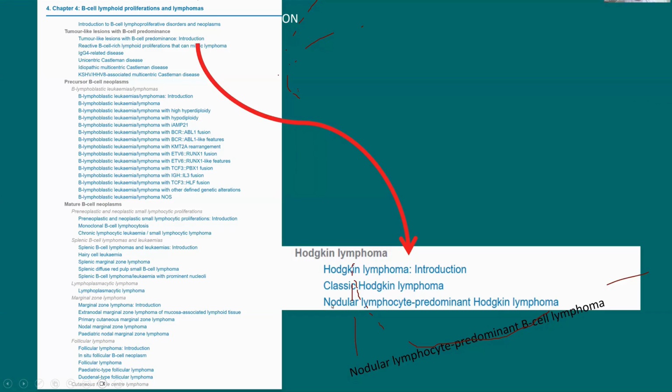That's why these days they are trying to remove Hodgkin from the name, and you will become familiar with the name nodular lymphocyte predominant B-cell lymphoma, which may be used in the subsequent WHO. But they kept it as Hodgkin lymphoma just to keep the research going, capturing this and avoiding any confusion. So become familiar with this name as an alternative to nodular lymphocyte predominant Hodgkin lymphoma.